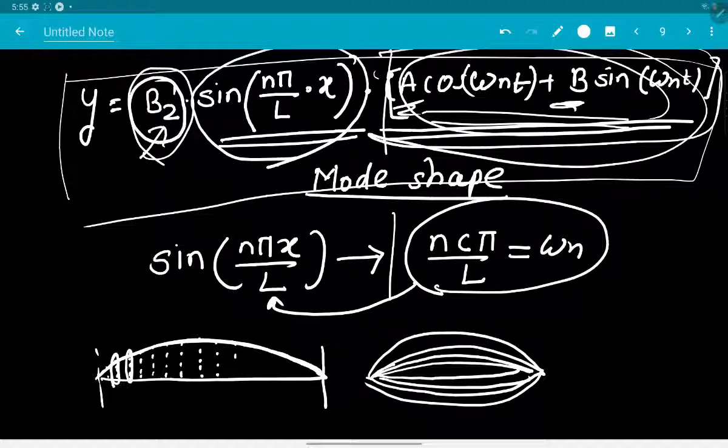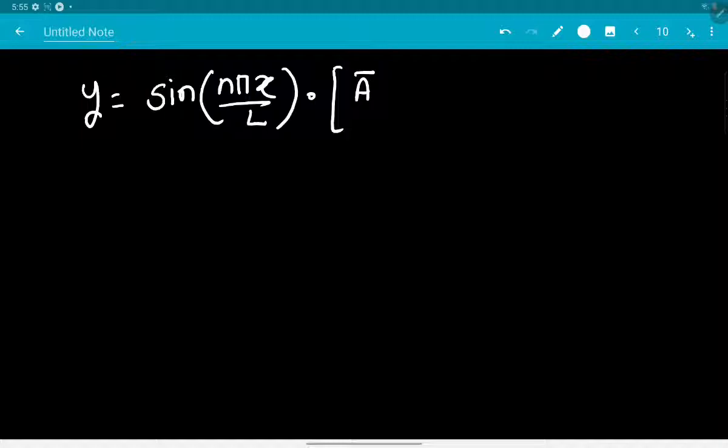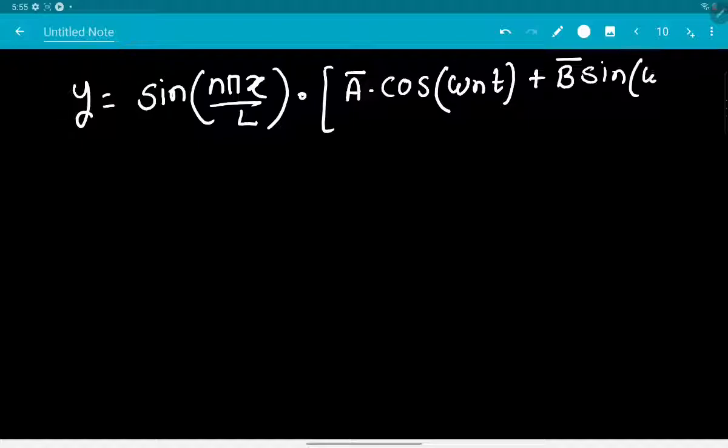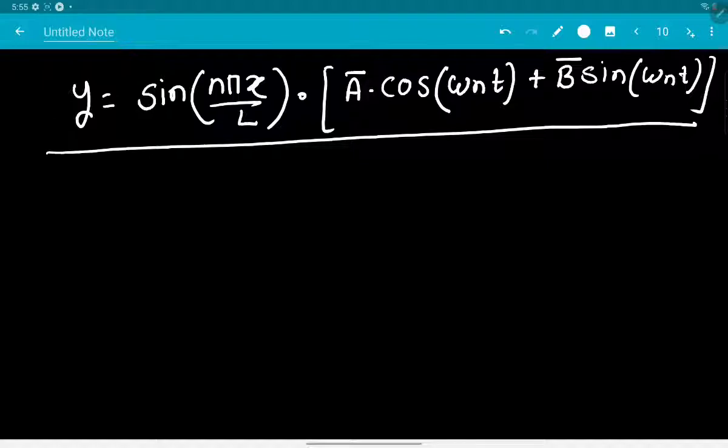I'll be absorbing this b2 inside, so I'll write it this way: sine of n pi x over L times, I'll name it a bar because it is multiplied by b2, into cosine of omega nt plus b bar multiplied by sine omega nt.